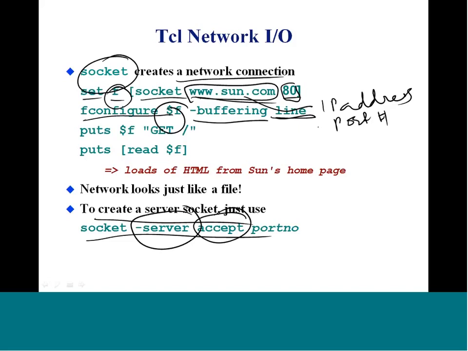Then we just use get to read the socket and write the output. Now if you run this code, it loads the HTML from Sun's homepage.